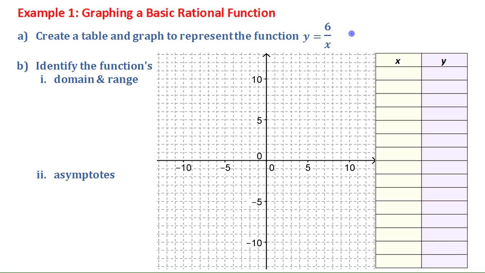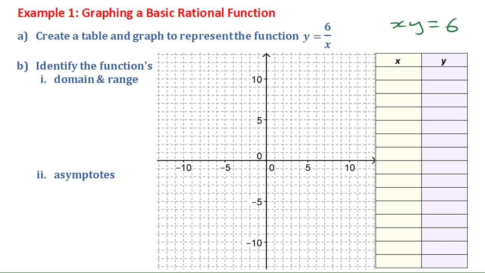Now a little trick that we're going to use here to quickly generate the table and quickly create a graph is, instead of thinking I'm taking 6 and dividing it by some number to get another number, it's easier to think about if you change this slightly to this related equation here, xy equals 6. If I multiply both sides by x, I get xy is 6. And that allows you to think about this really easily.